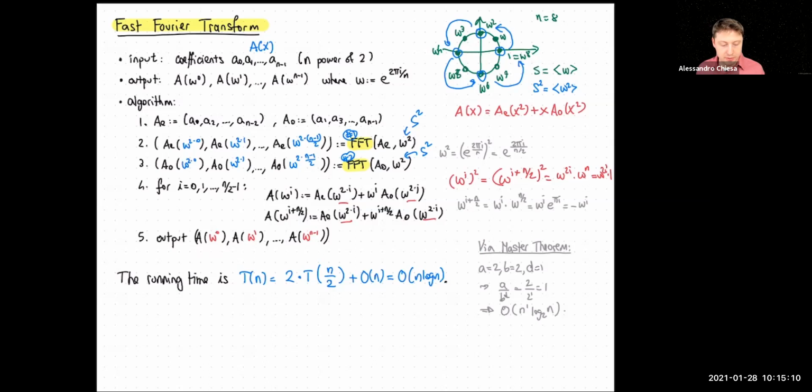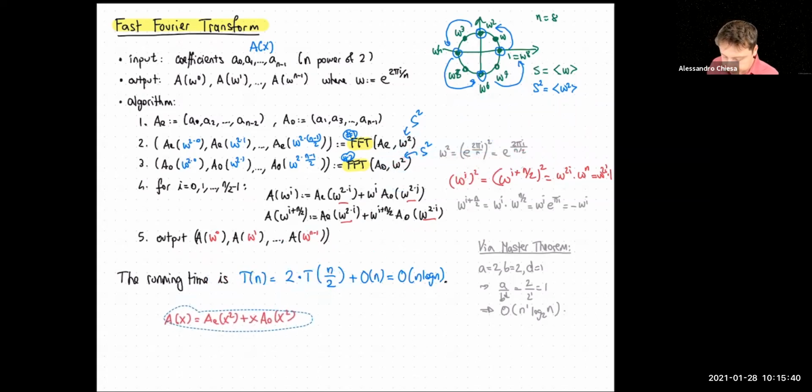Okay, let me pause here for questions on this algorithm specifically. Okay, there's a question to explain the recombination step. So we agree on this formula here, right?